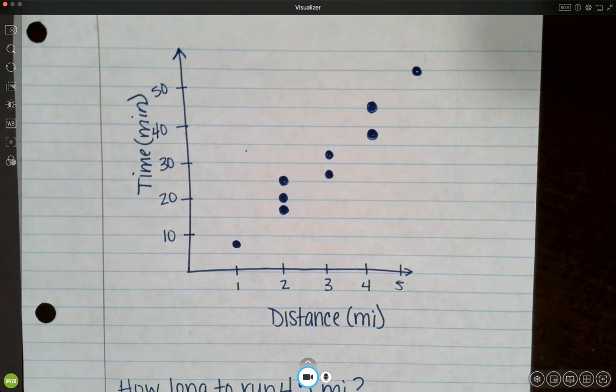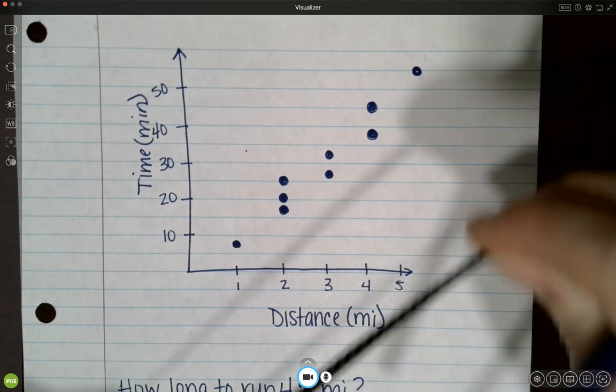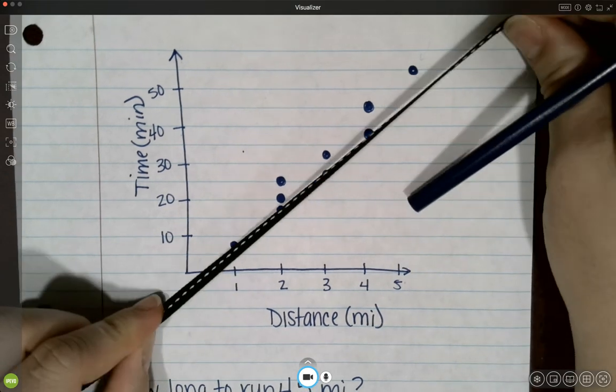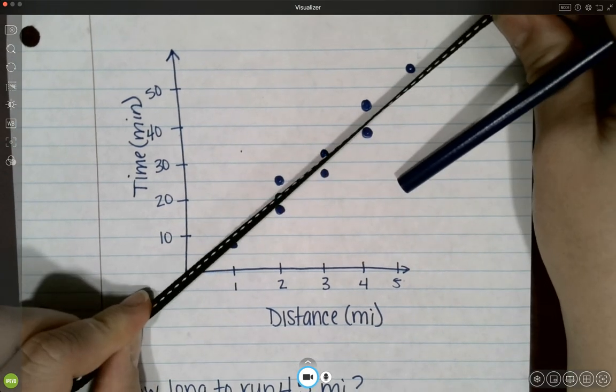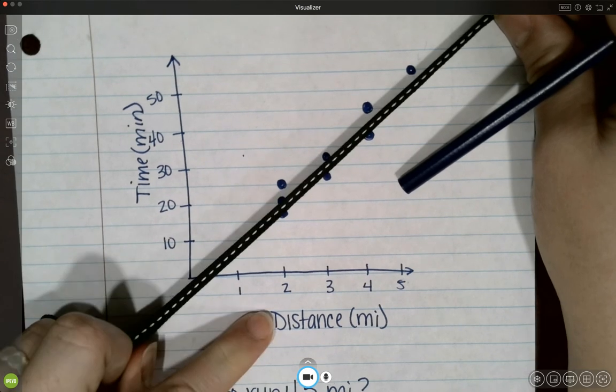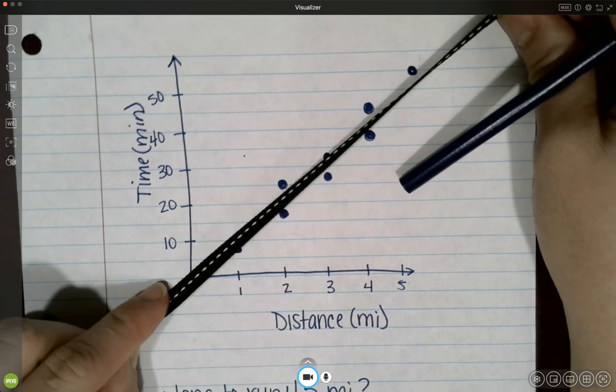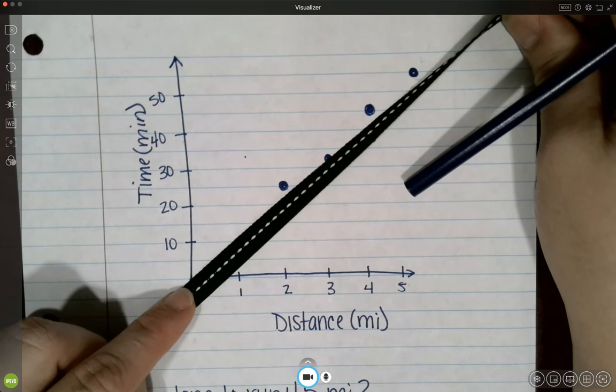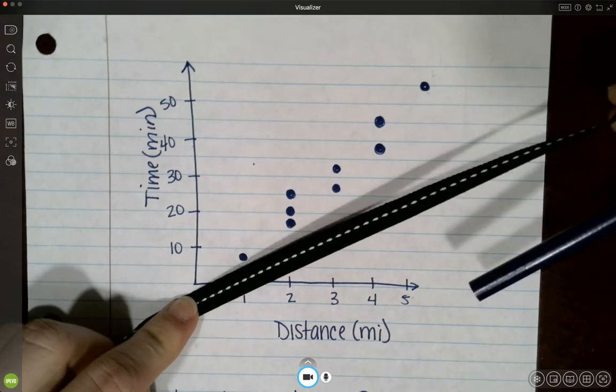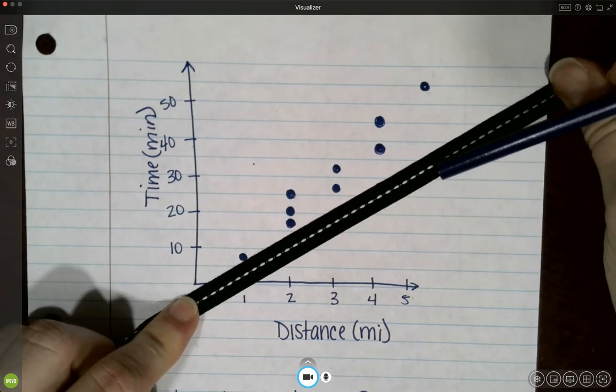All right, so our first step in this is we're going to draw a trend line. All right, so again, we have our ruler or our string. Now, please note, I do not have to start at 0, 0. All right, in this case, no distance traveled at no time. I'll probably want to hook it to 0, 0. All right, so I'm going to start kind of below my data, and I'm going to start swinging this up.